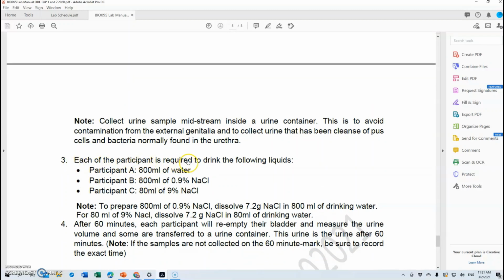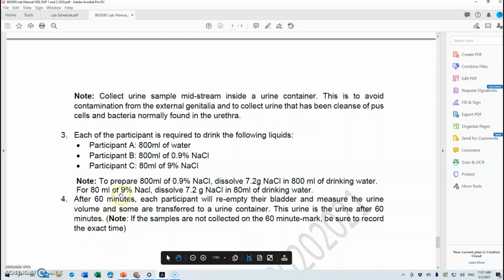Each of the participants is required to drink the following liquids: participant A, 800 ml of water; participant B, 800 ml of 0.9% sodium chloride; and participant C, 80 ml of 9% sodium chloride. To prepare these solutions, use this formula.